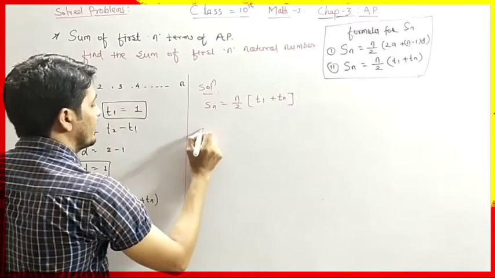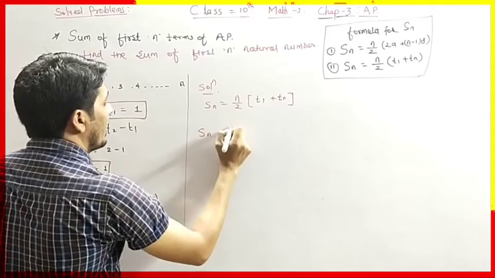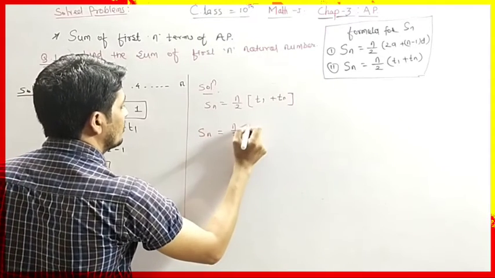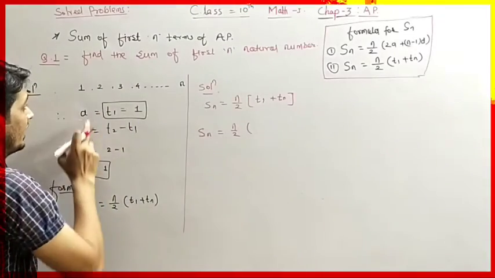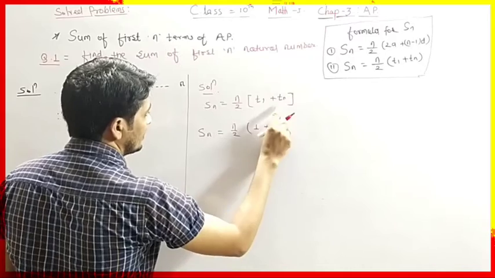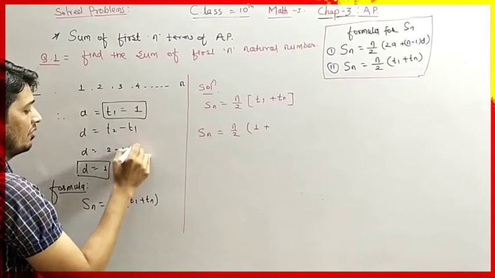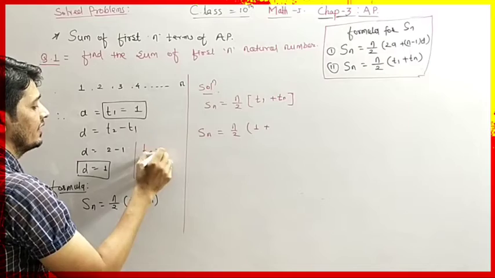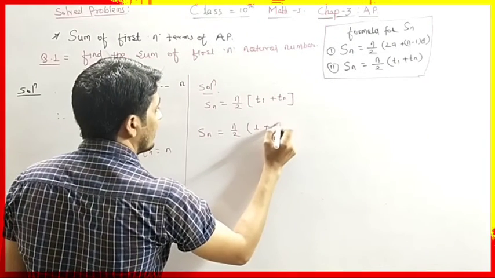Okay, so Sn, the sum of first n natural numbers, equals n divided by 2 into, what is T1? T1 is term 1, which is 1. So here we have to write 1 plus Tn, where Tn, the nth term, is n. So n.